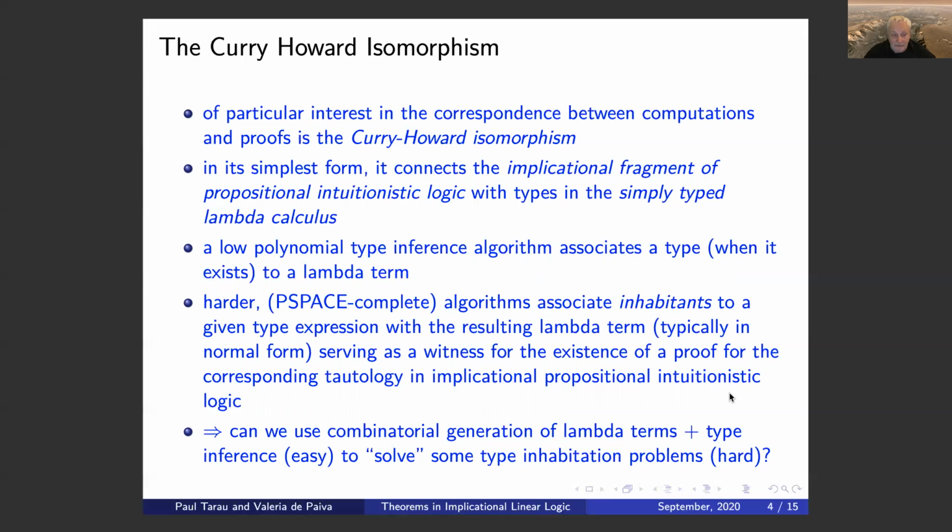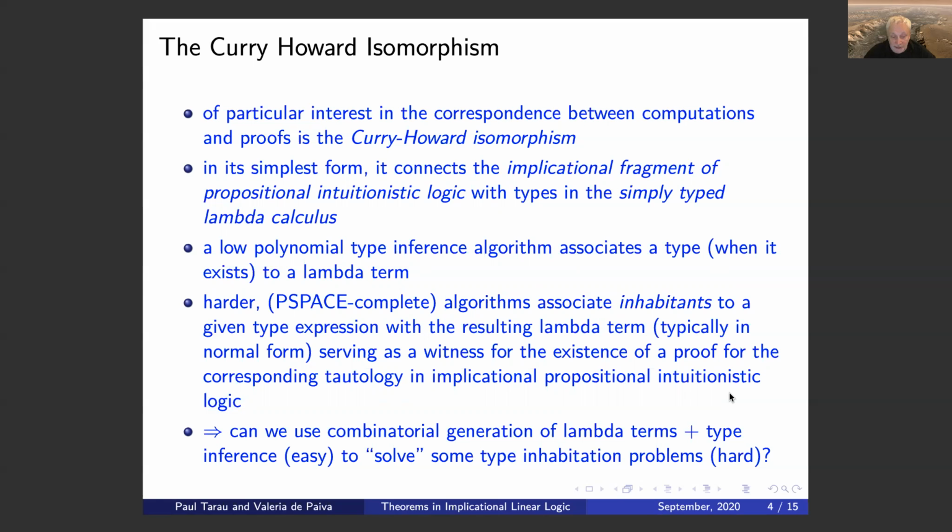Now, the bridge is easy to cross one way. A low polynomial type inference algorithm associates a type, when it exists, to a lambda term. On the other hand, crossing it the opposite side is hard. PSPACE-complete algorithms associate inhabitants to a given type expression, with the resulting lambda term, typically in normal form, serving as a witness for the existence of a proof for the corresponding tautology in implicational propositional intuitionistic logic.